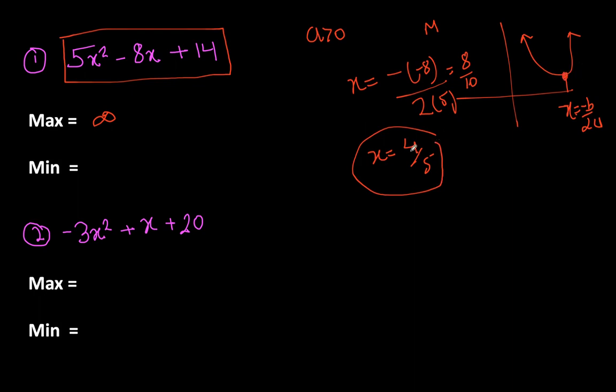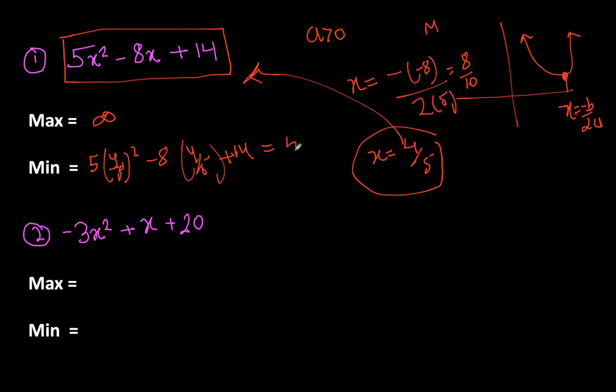Okay, so you can put into this equation, and if you put in this equation 4 over 5 whole square minus 8 times 4 over 5 plus 14, you are going to get the answer as 54 over 5. So this is your minimum value.